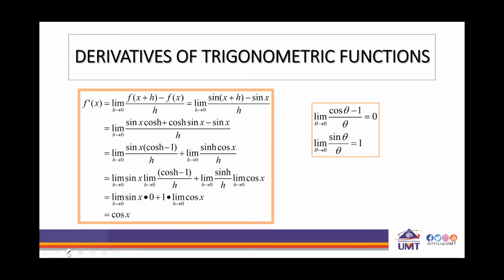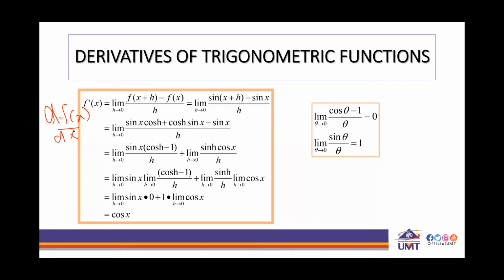It is dy/dx lah. If you remember, in this case, d fx over dx equals to limit f x plus h minus fx over h. Okay, for example, now we want to find sine.